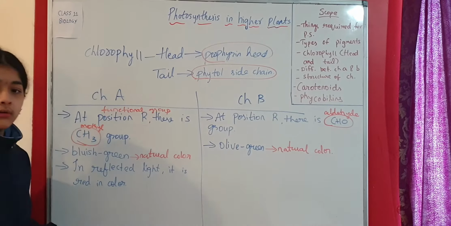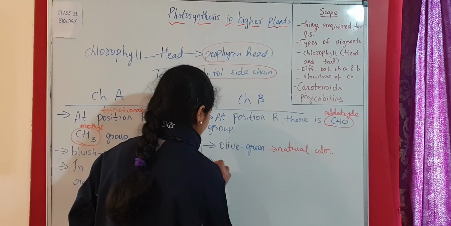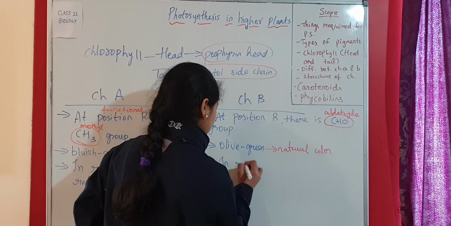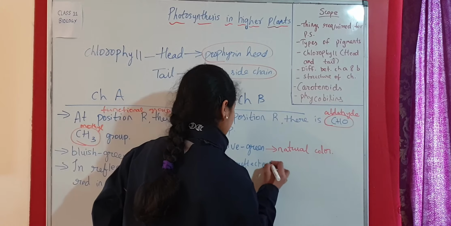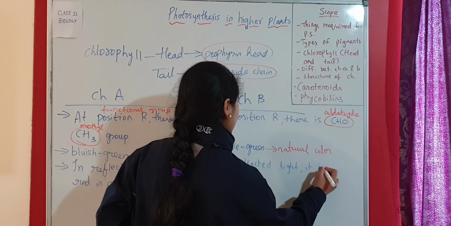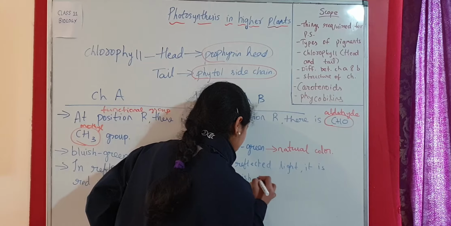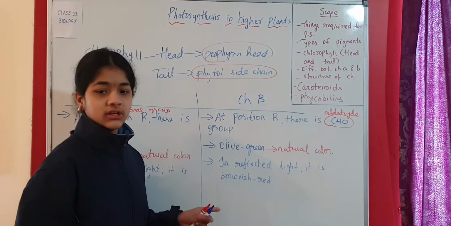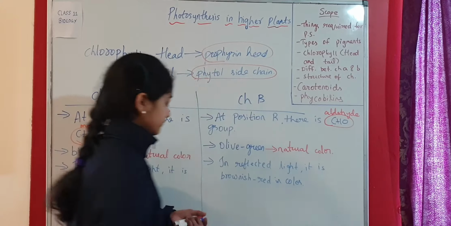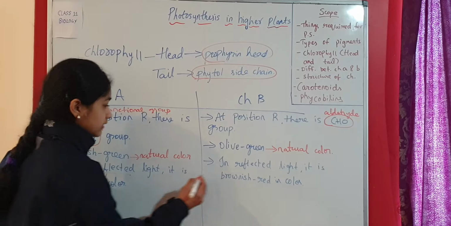When chlorophyll B is in reflected light, it is usually brownish red in color. So this is in case of reflected light.